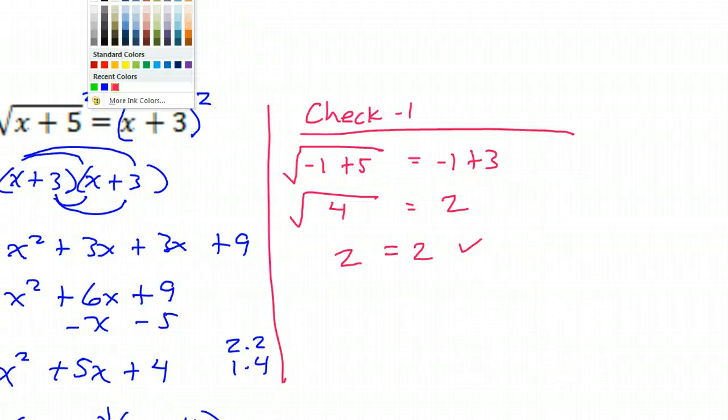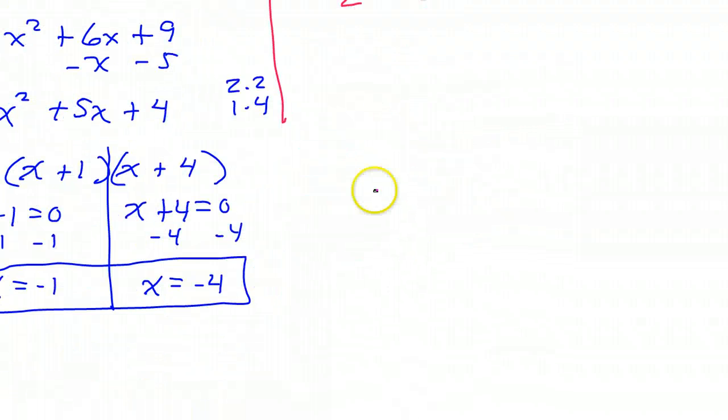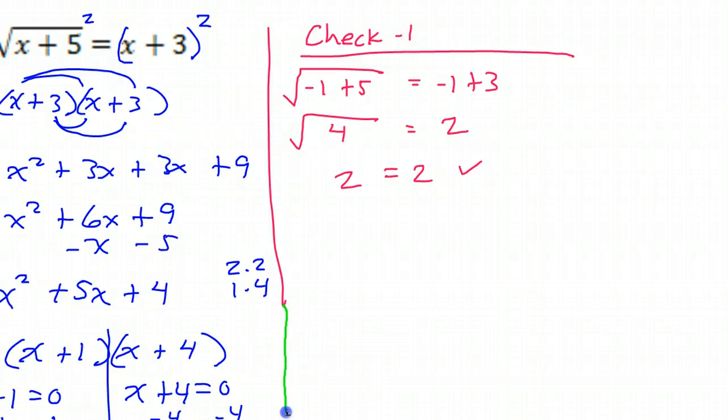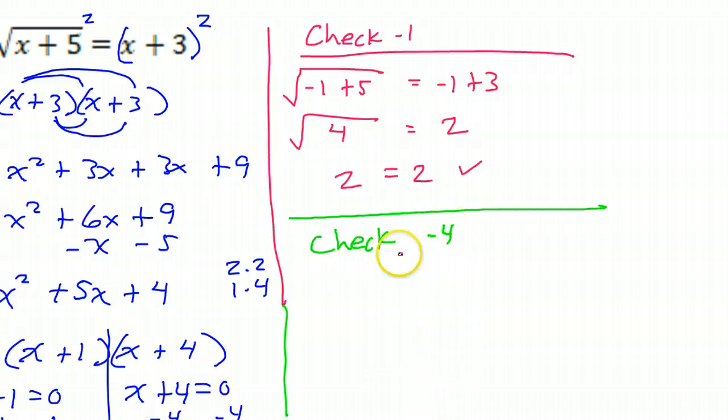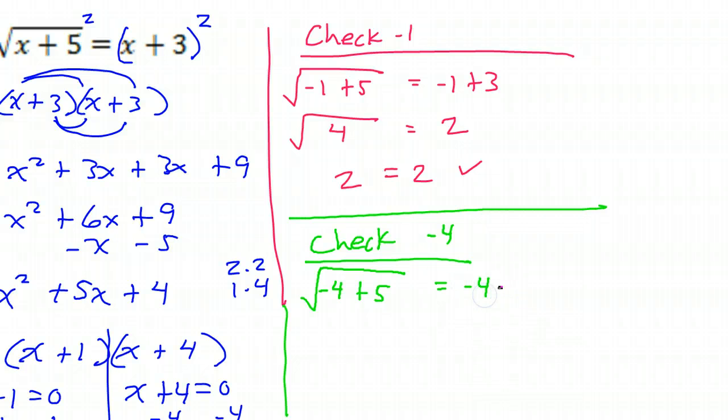Okay, so now let's go ahead and check. What was the other one? Negative 4. Okay, so let's check negative 4. So that would make square root of negative 4 plus 5 is equal to negative 4 plus 3. Well, negative 4 plus 5 is 1, so square root of 1. Negative 4 plus 3 is negative 1.